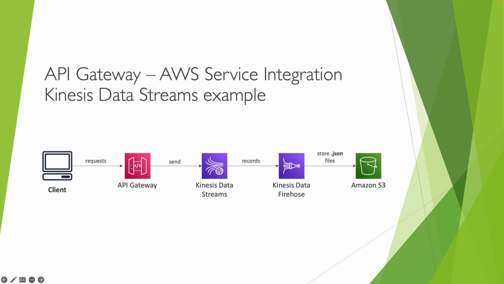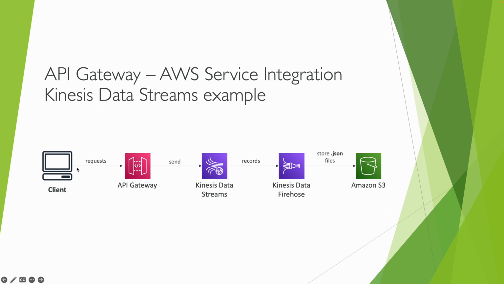Then the API Gateway can send the data to the Kinesis data stream. Kinesis data stream receives the data being sent from any of the clients, processes it, and sends it to Kinesis Firehose. Firehose will create some JSON files, and the JSON files will be stored in Amazon S3.